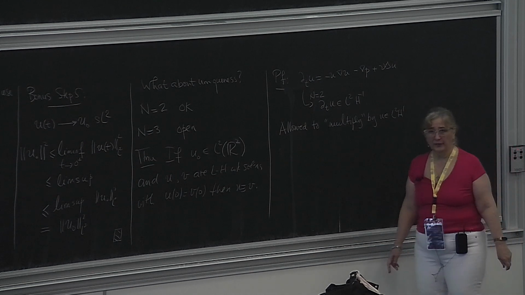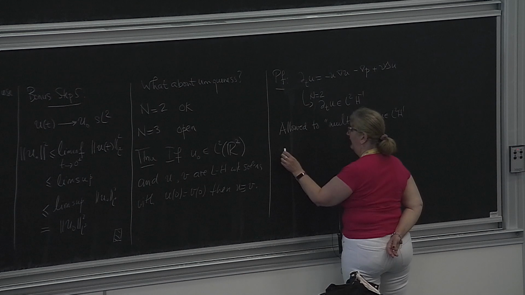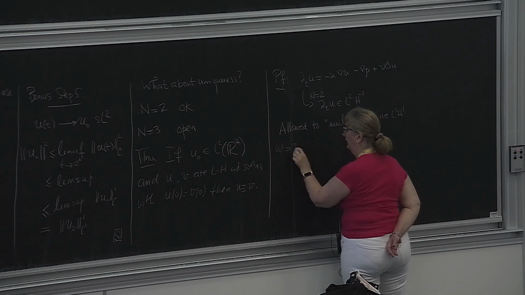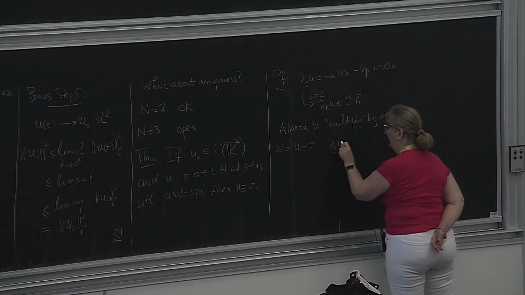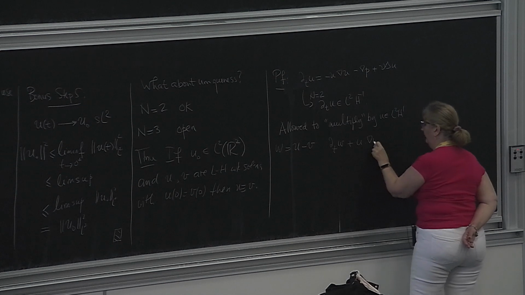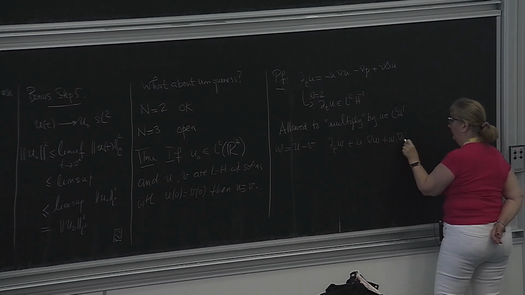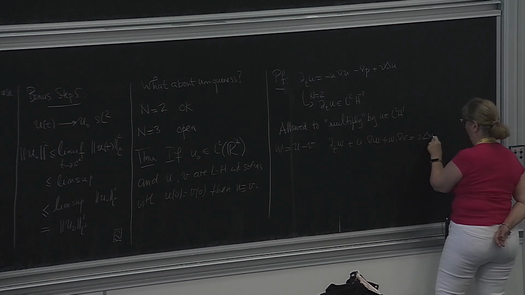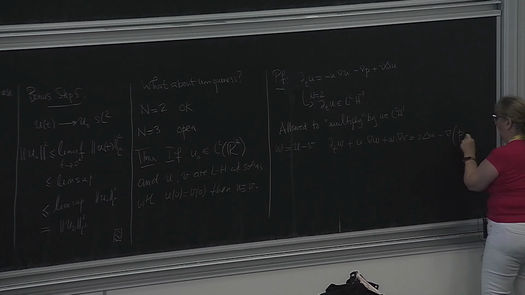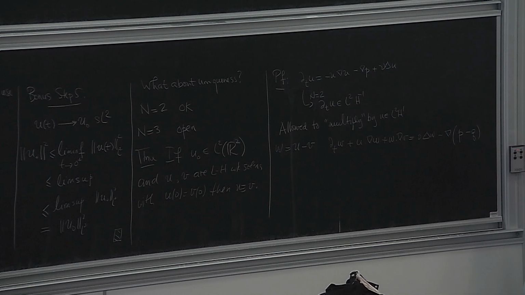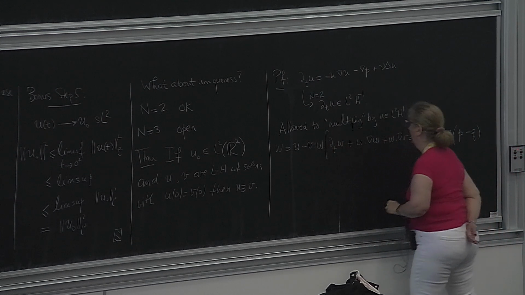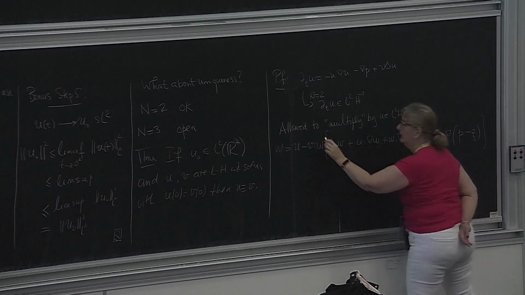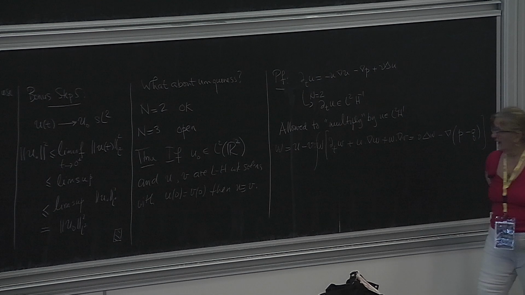But if I do the formal calculation for you, then that means that if I take W to be the difference, U minus V, and I look at the PDE that's satisfied by W, okay, this is going to be the PDE that the difference satisfies. For the same reason, I can multiply this by W and integrate. And what do I get?